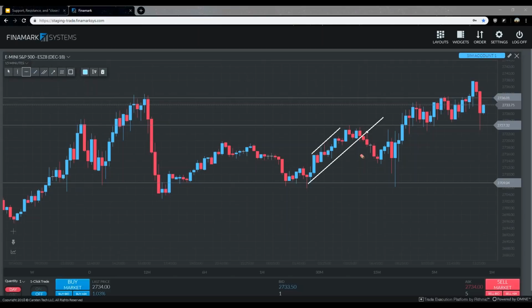And something else that I didn't jump onto that I want to make sure I do before we jump into the question and answers, which I imagine are obviously coming soon, is that we're looking at these areas as a location zone versus an exact price. And that can help tremendously with those of us that are trying to increase our skill and efficiency with drawing these support and resistance lines.